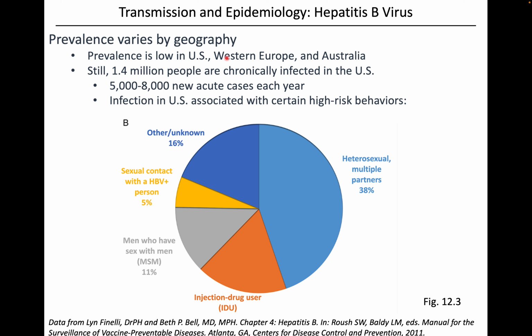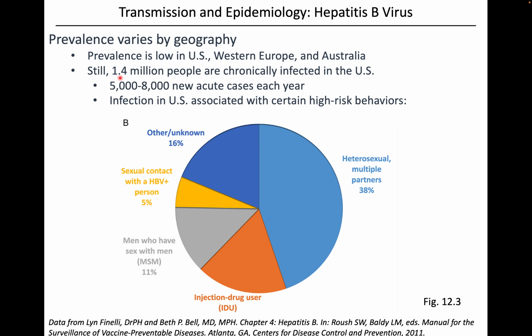So as you saw on that map, with hepatitis B, very low occurrence in the US, Western Europe, Australia, but still, because you do get a substantial number of chronic infections with hepatitis B, those are going to be long-term infections lasting years and years potentially.